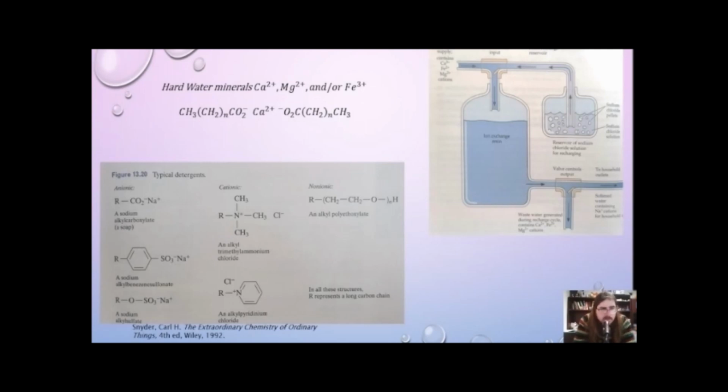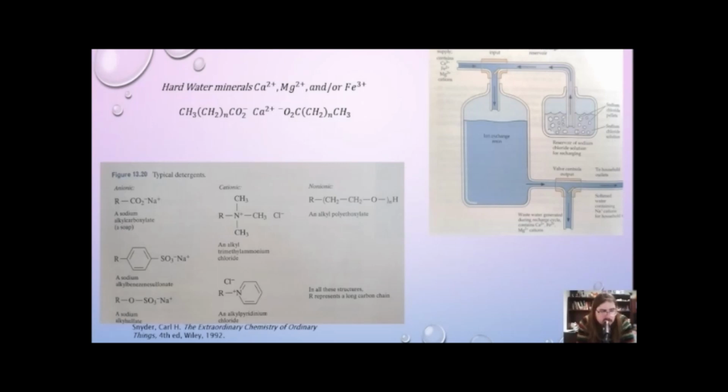Now, as you see, there's various anionic examples of detergents. Sodium carboxylate, we know about. We have the sodium alkyl benzene sulfonate, and we have a sodium alkyl sulfate. Those are examples of things that can be made. There are some cationic ones. Well, we'll talk about it in a minute. And there's non-ionic ones, like alkyl polyethoxylate, where we have a series of essentially ethers with an alcohol at the end.